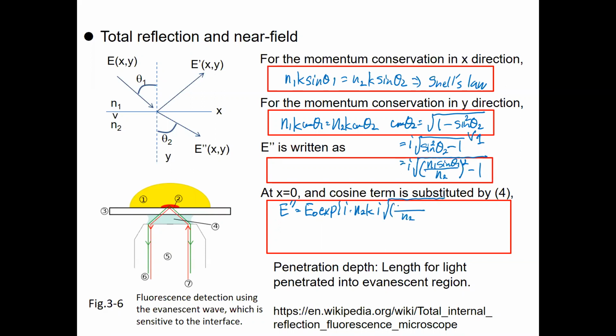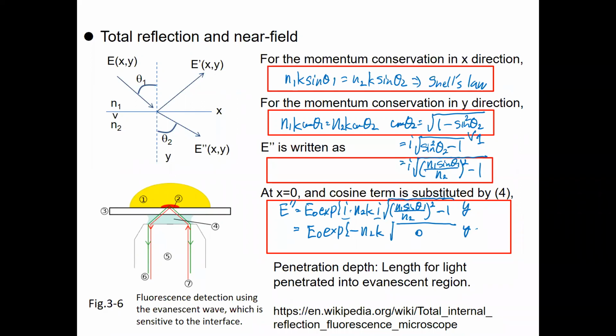There's an i squared, so it goes from the imaginary part to the real value, and it becomes a decaying electric field in y.